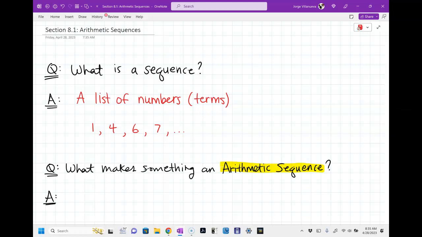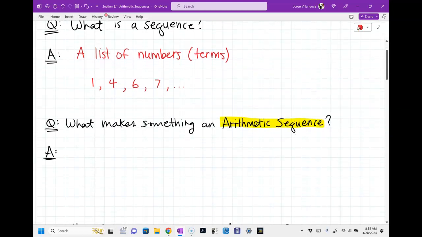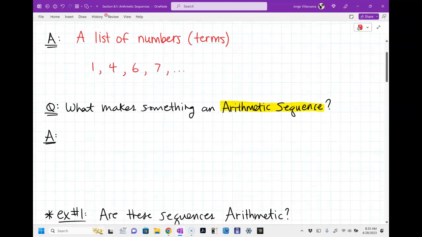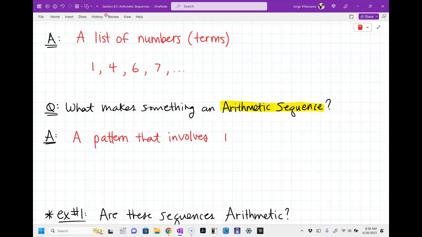So what makes something an arithmetic sequence? It's a pattern, okay? So a pattern that involves adding or subtracting consistently. We call that a common difference, and I know it sounds kind of weird to say common difference, but it can be addition. But that's what it's called.